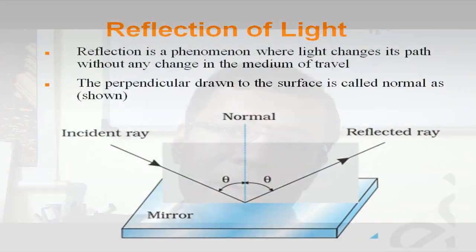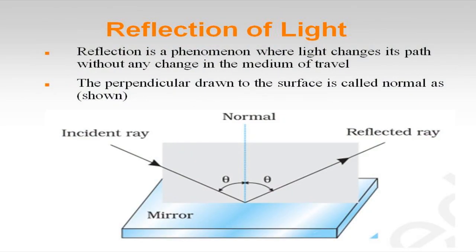So the concept of reflection is very important. It is the change of direction of a light ray when it hits a different medium which is opaque, but it does not enter any other medium, but it is traveling back in the same medium in which originally it was traveling. Am I clear? So that is the concept of reflection.